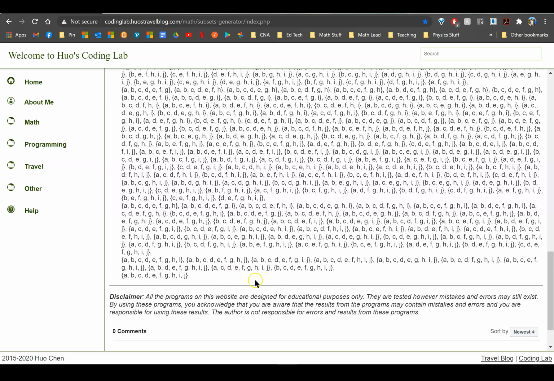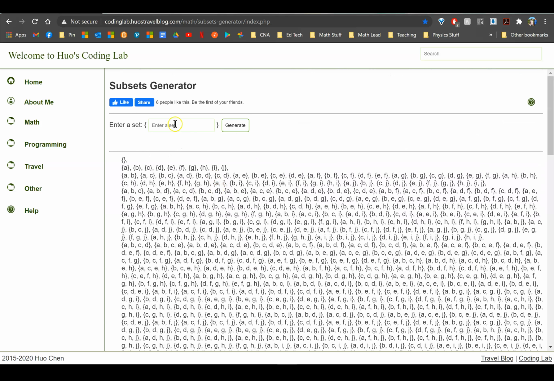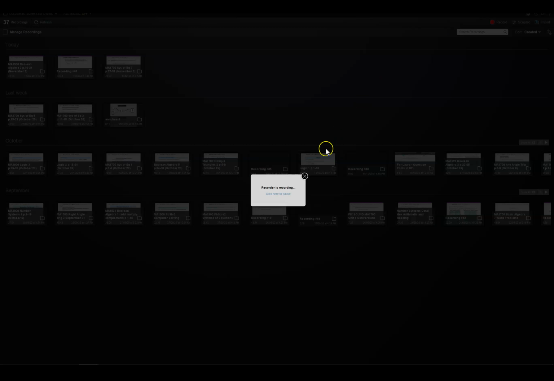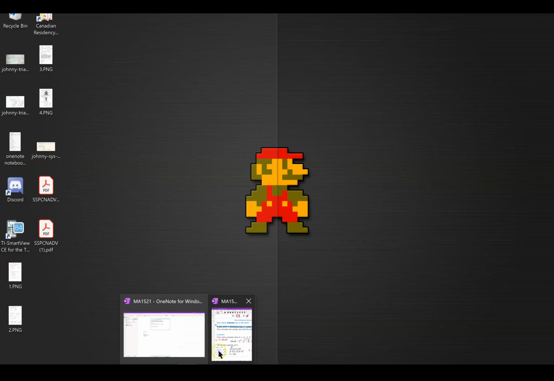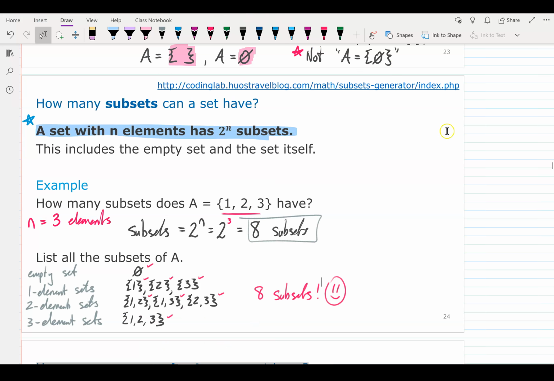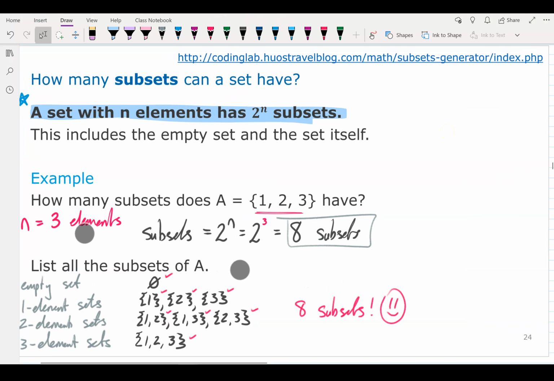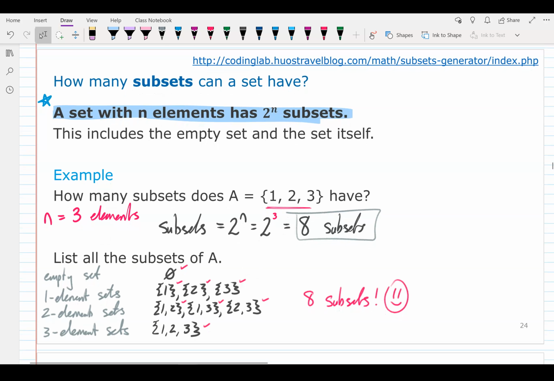So this kind of gets out of hand really quickly, and you can have some fun making big sets, but the concept is that we can know how many subsets a set has without having to actually write them all out. Maybe as a bonus on a test, I'll have you write out a 10-element set in all its subsets. Would that be fun? No, that would not be fun.